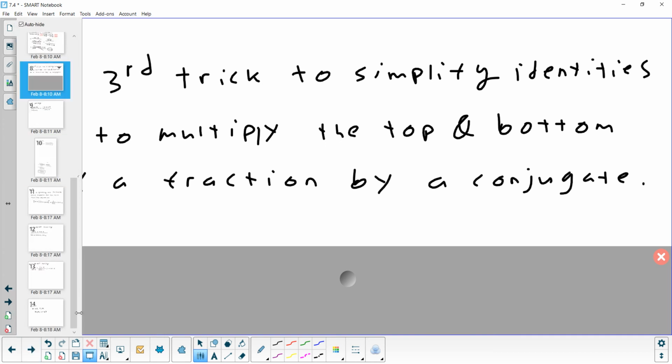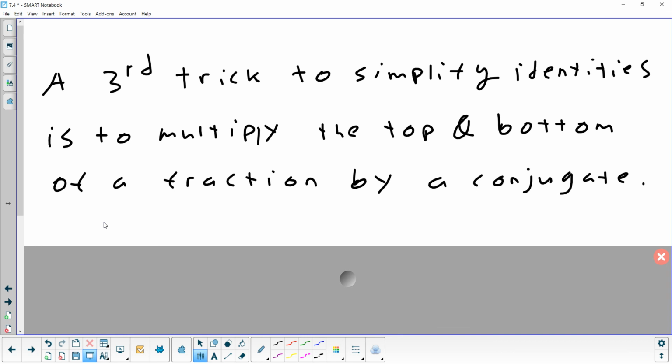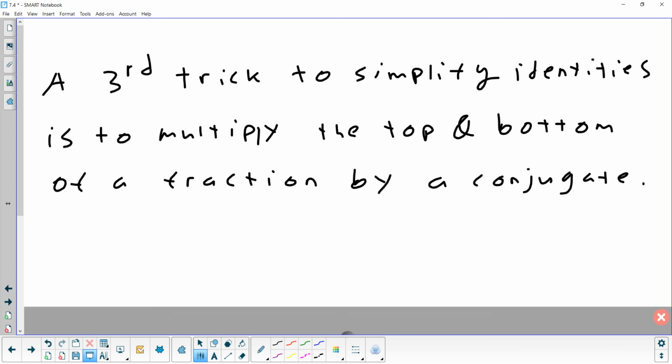All right, so let's see, a third trick. So we've got changing to sines and cosines. We've got finding a common denominator. The third trick is to multiply top and bottom by a conjugate. A conjugate would apply in this type of situation.